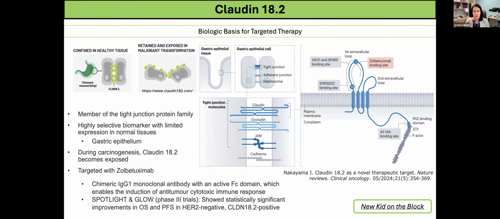So Claudin 18 is the new kid on the block, and I'm going to talk about this in a little bit more detail. Claudin 18 is a transmembrane protein that forms the tight junction between cells. Normally, in the normal tissues, it's expressed in the tight junctions between the epithelial cells.